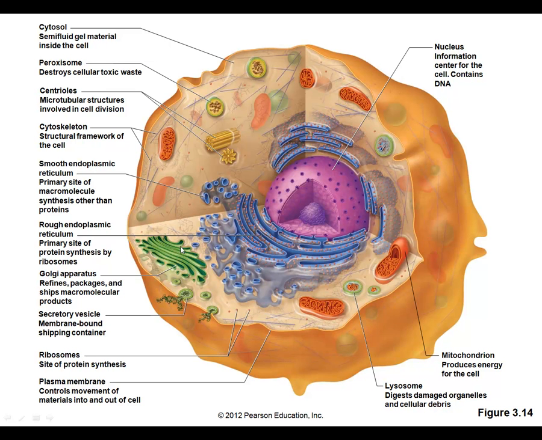The Golgi apparatus, or the Golgi complex, is the place where the vesicles released from the endoplasmic reticulum will merge into the Golgi apparatus, and the final touch will be added to the product that was initially made in the rough endoplasmic reticulum.